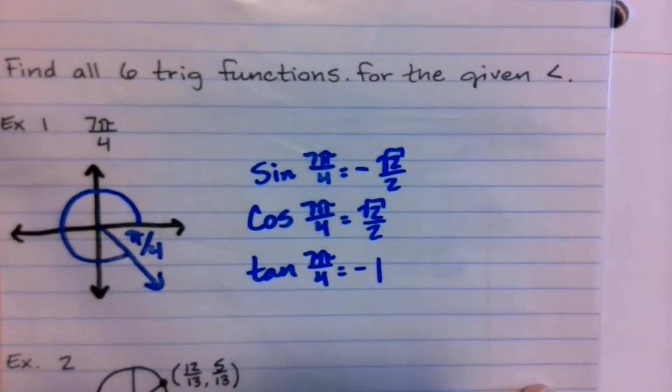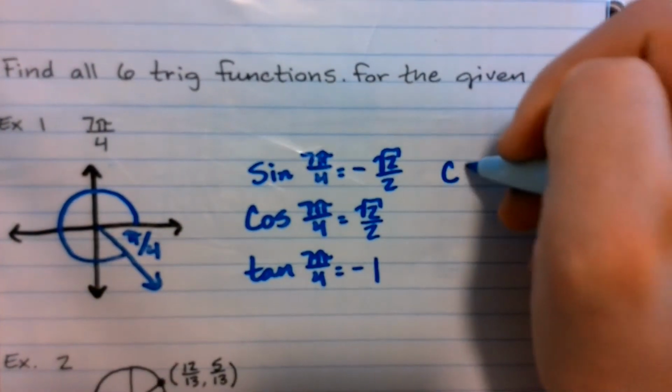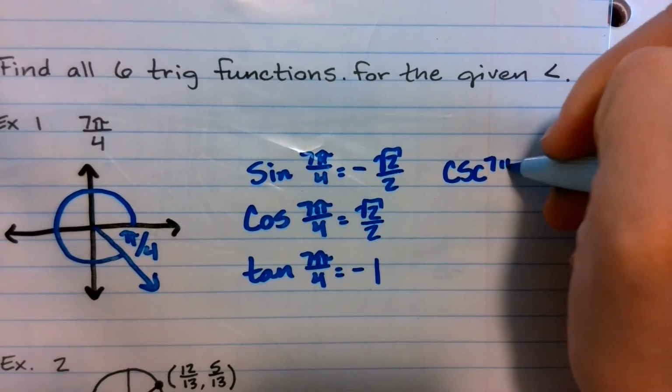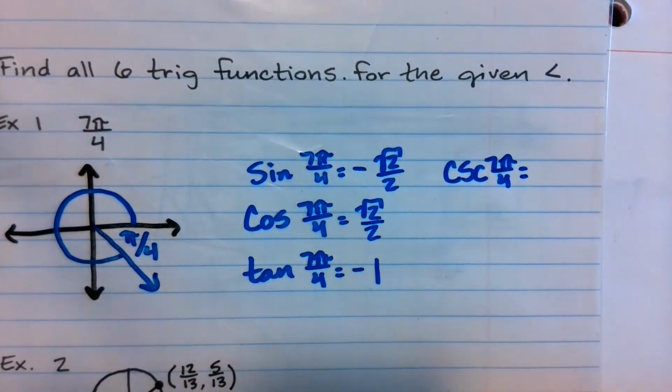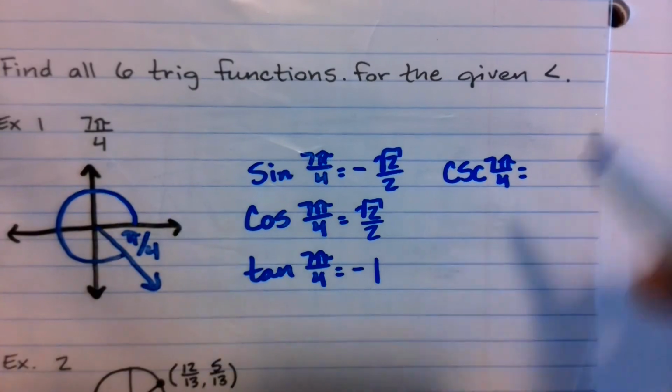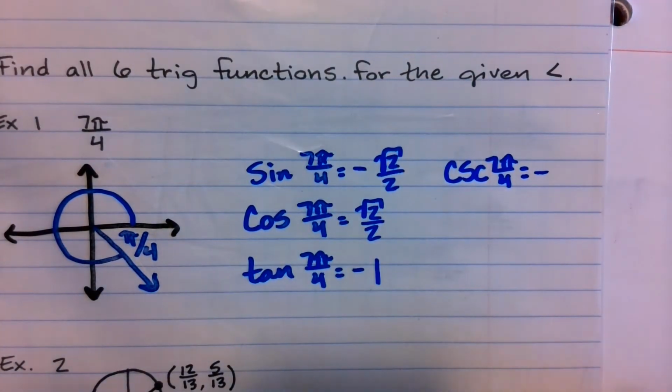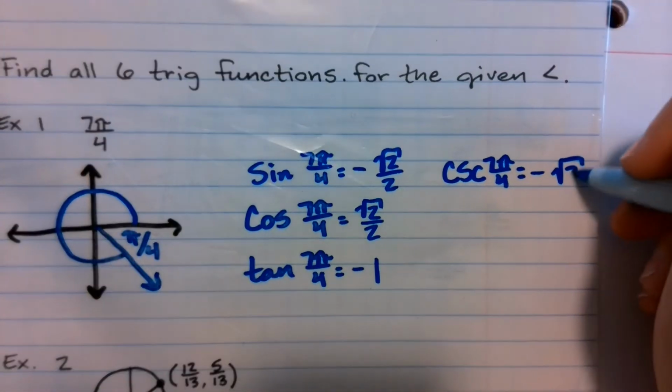So now we're just going a step further, and we're going to find the cosecant of 7 pi over 4, which, remember, we're just finding the reciprocal. It is still going to be negative. If we remember from our trig chart, the reciprocal, when we do this 2 over radical 2 and then try to simplify it, we're going to end up with radical 2.